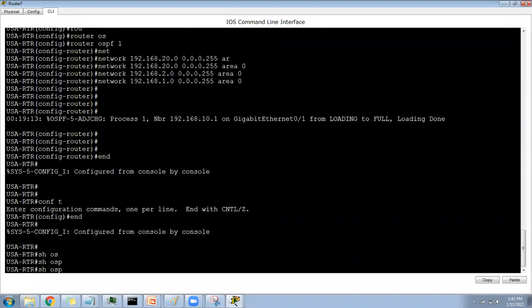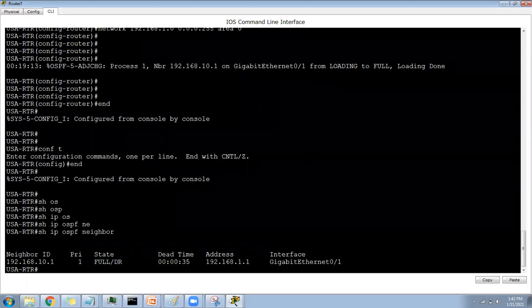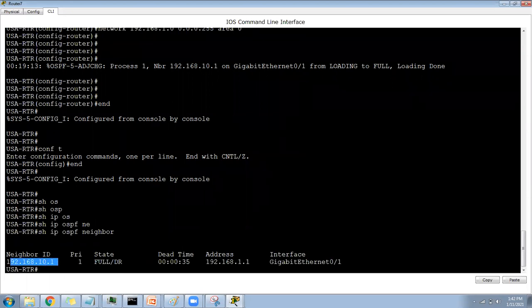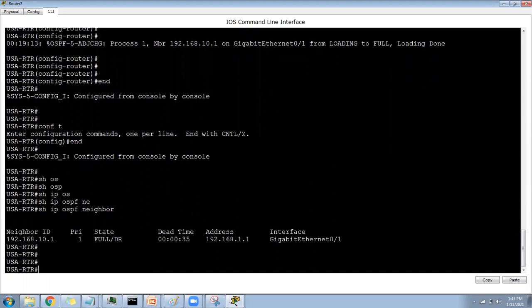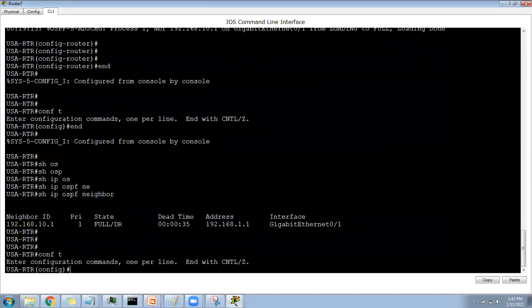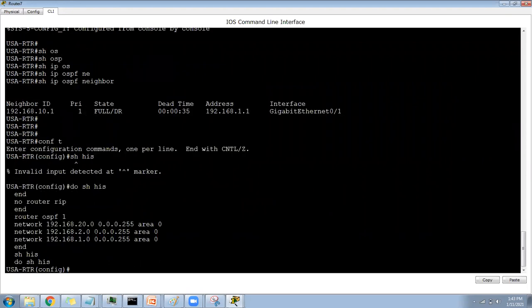So they become neighbors. If you want to see that, you can say show ip ospf neighbor. Can you see? Like the CDP neighbor, right? Similarly, this is a protocol neighbor. So it is showing it became a neighbor. So what commands did I use here? I just show history. If I see show history, can you see only three commands?